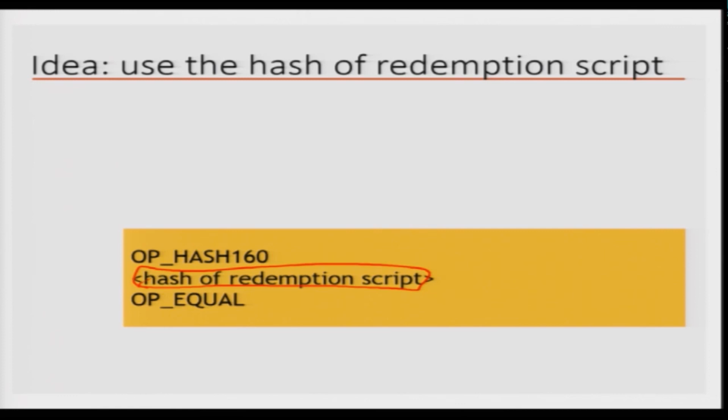So, this part checks whether the redemption script to which you are sending is indeed the redemption script that you meant. This is all you have to write, like you did in case of a regular address. So, it could have been a regular address and you would have written the same thing, right. You would have written the op hash and you would have written the hash of the redemption script and then equal, right.